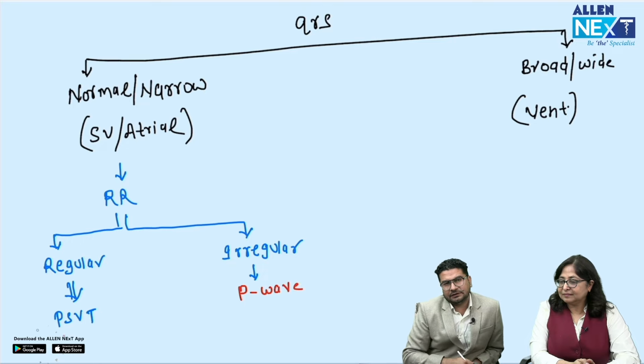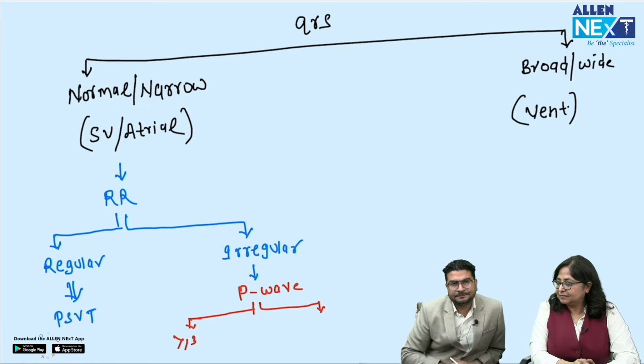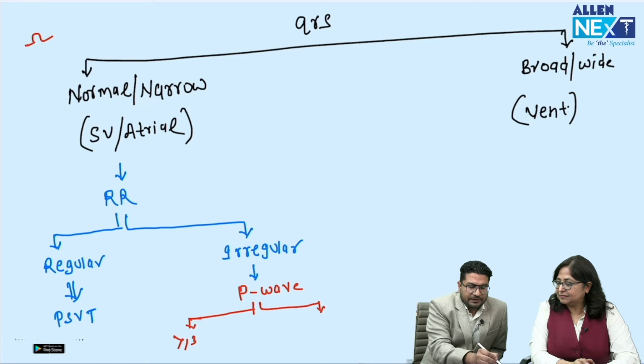You can get different types of P. When you get more than 3 types of P, it can be a normal P, an inverted P, a P mitral, or a P pulmonale.